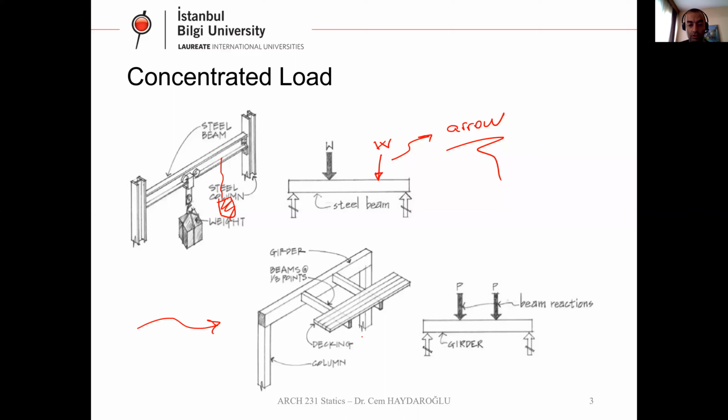Here, let's have a look at a new structural system. Here we have two columns at both sides of the beam, and the beam is here. There are two floor beams connected to this main beam. This is the first one, this is the second one. These floor beams take all the loads from the floor covering.